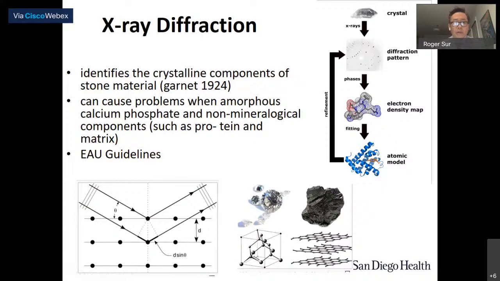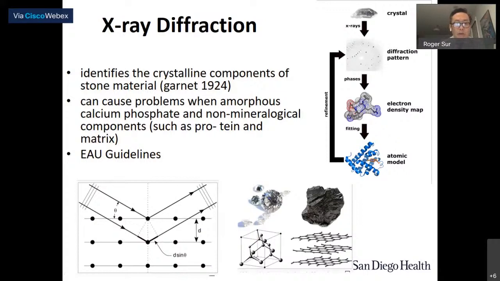What happens here, as you can see in the bottom left, is an incident X-ray energy hits a stone, and depending on the stone composition, different angles come off from the stone. Different stones create different patterns, and from the pattern, the lab can determine what type of stone has been created. The EAU supports the use of X-ray diffraction given its accuracy.